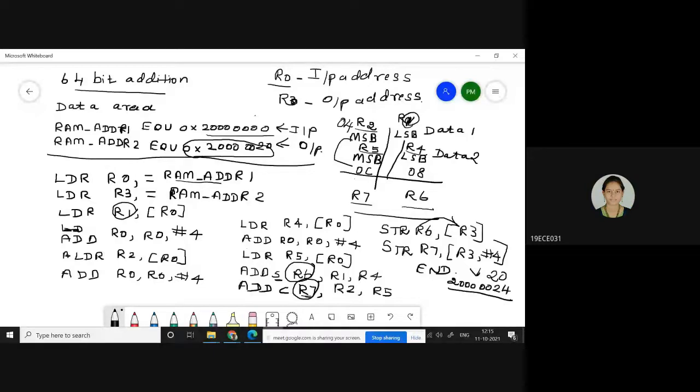Yes, ma'am. Please note down the instructions and also the data section you have to specify.